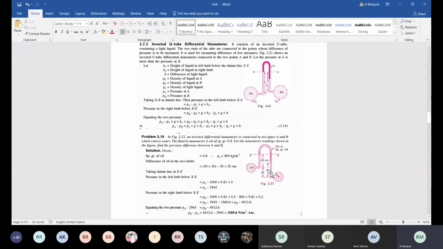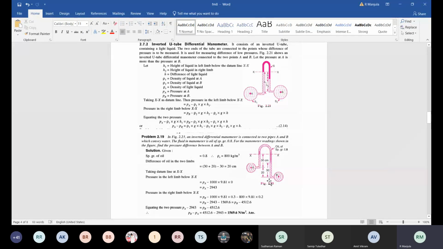The fluid in the manometer is oil of specific gravity 0.8. The manometric liquid is oil, and the liquid in both the tubes A and B is water.